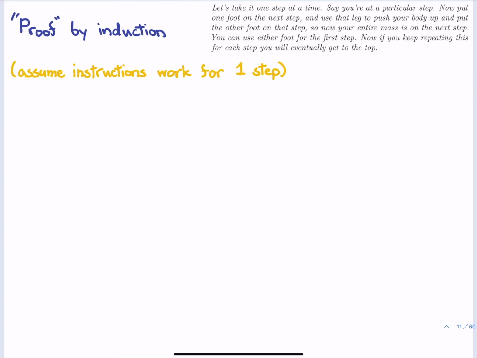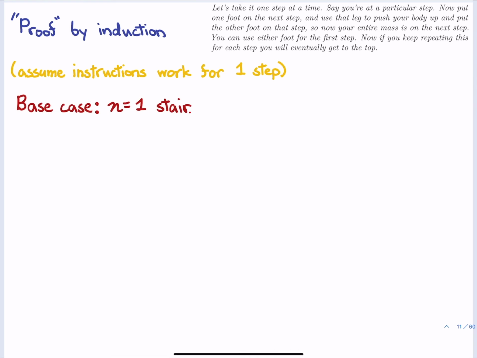The statement we want to prove is that these instructions will work for staircases of any length. And I want to find a base case of that statement, so to speak. Is that a staircase of length 1? Okay, so a base case is a staircase of just one step.